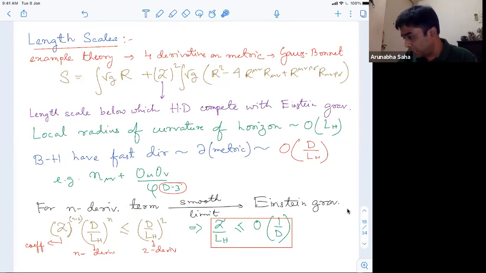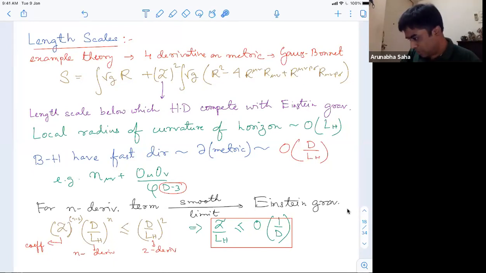Also, let us assume that the local radius of curvature of the horizon is order LH. Say LH is the thing that determines it. And black holes will continue to have fast directions because this is a general property of Einstein gravity, and we expect the solutions to smoothly match over to the Einstein gravity solution.